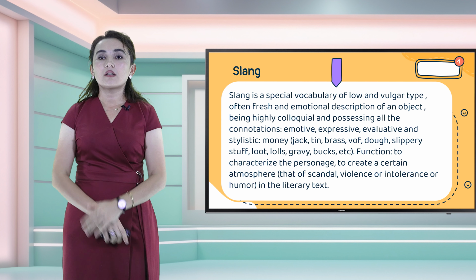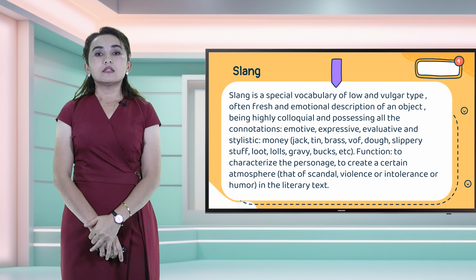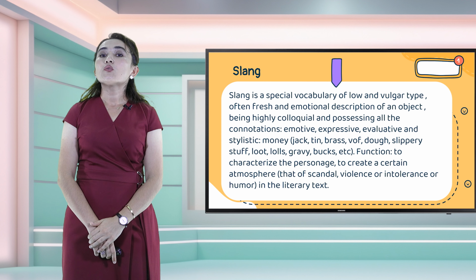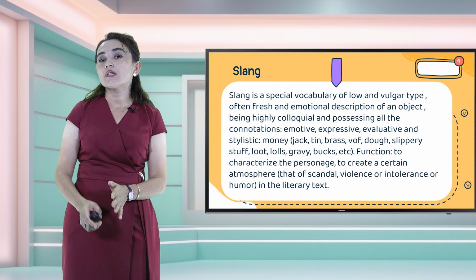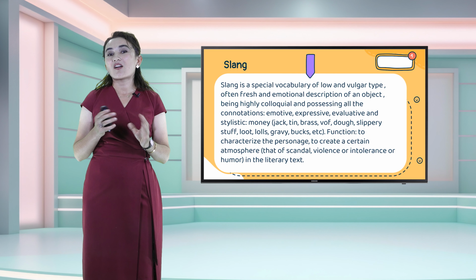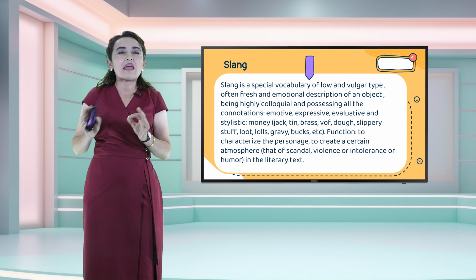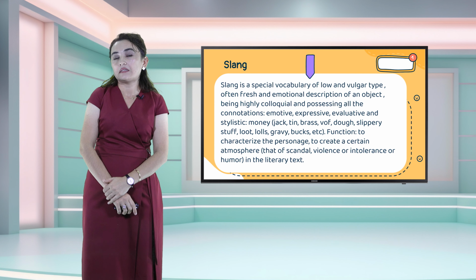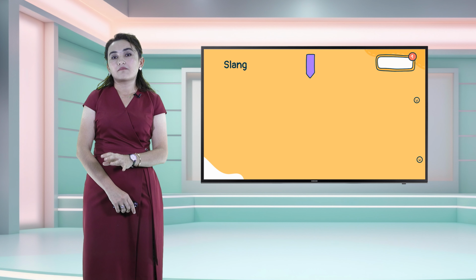This kind of connotative meanings we have as well. So the function of this subgroup is to characterize the personage, to create a certain atmosphere, that of scandal, violence, or intolerance, or humor even, in the literary text.